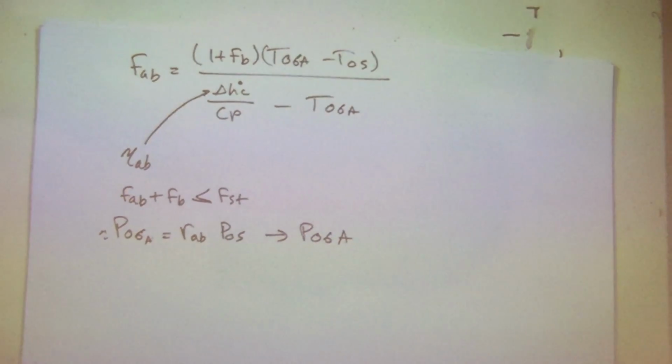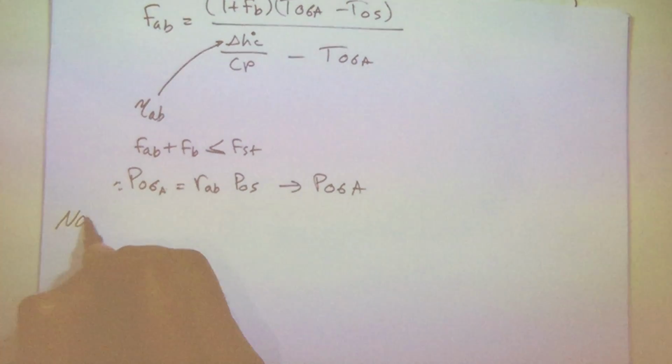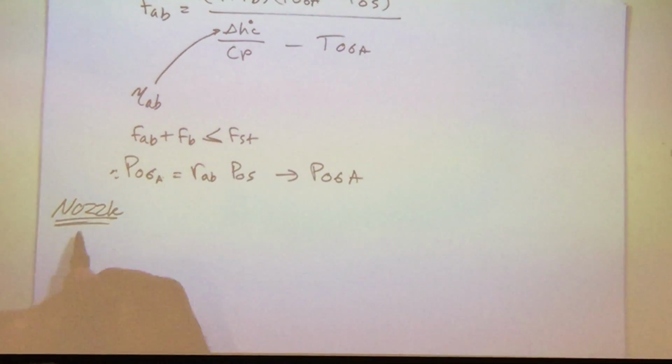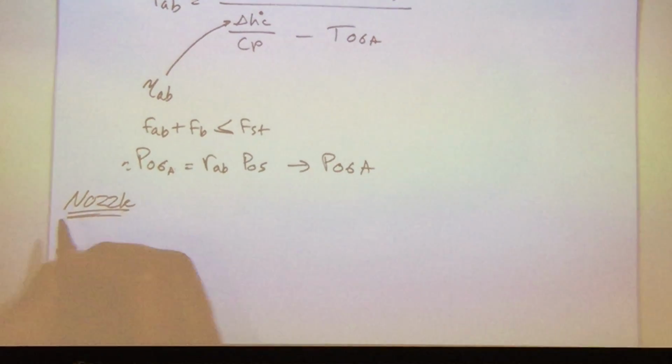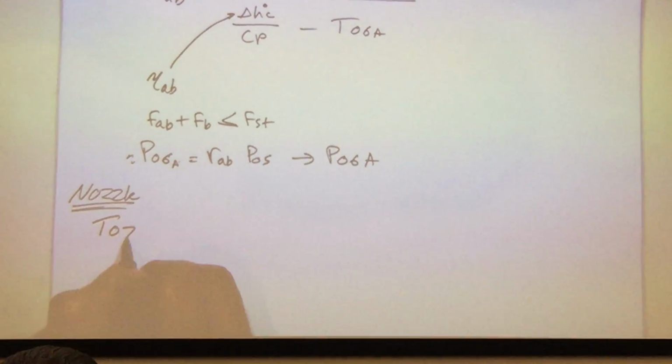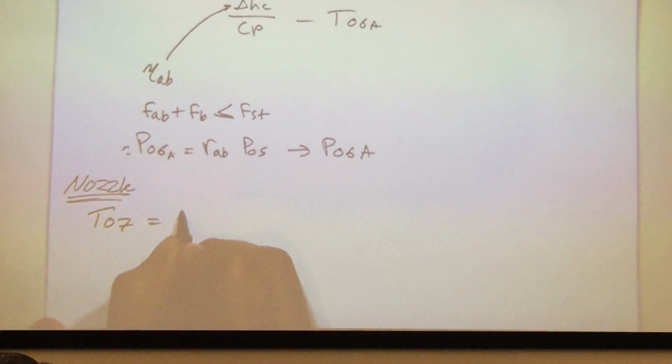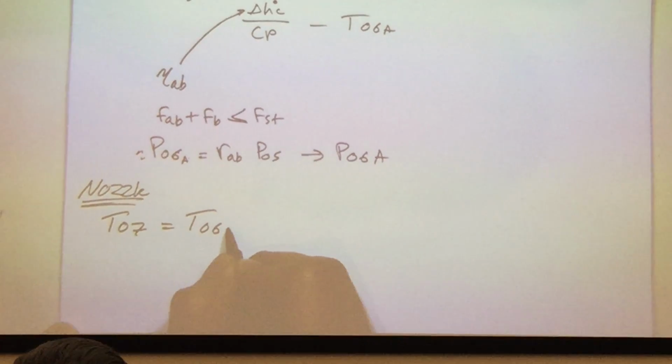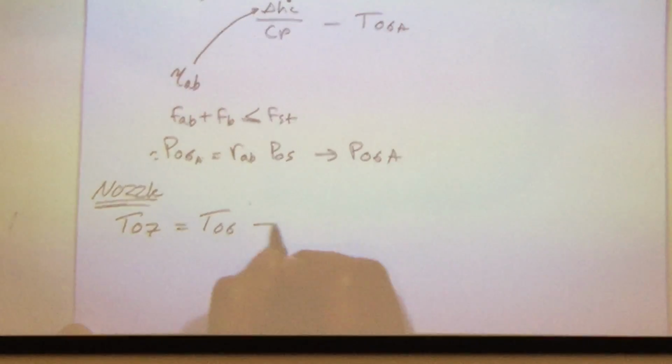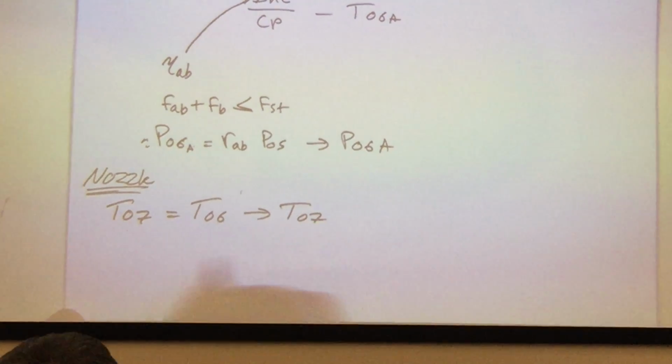And finally, the nozzle. Assuming adiabatic, so T_O7 is equal to T_O6 of the afterburner. That will give us P_O7.